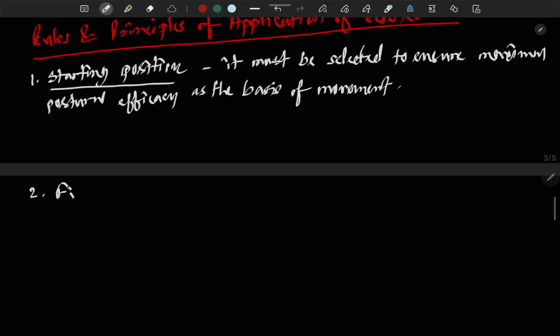Two is fixation. At first is starting position, next one is fixation.